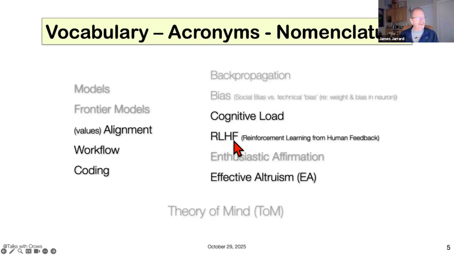Reinforcement learning from human feedback. I'm guessing that most people don't know that Venezuelans were one of the key groups of people that trained the visual AIs in Tesla's automatic driving techniques.